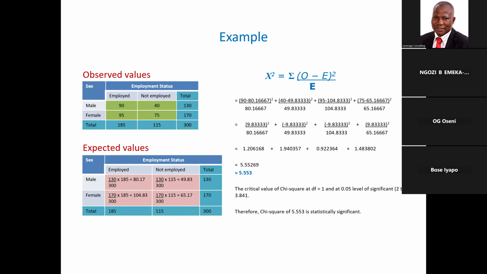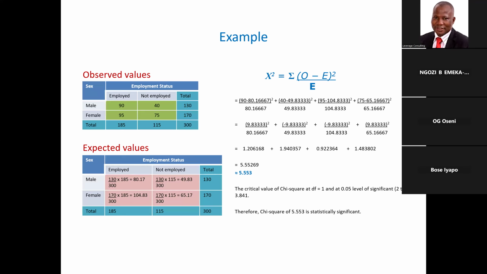So we can see now there's a difference, that male are more employed. If there's no difference, both of them will have the same proportion, and we would say no one is more employed than the other. But we have observed this difference now. So why do you want to do tests? You want to test whether this difference I have observed is due to chance.